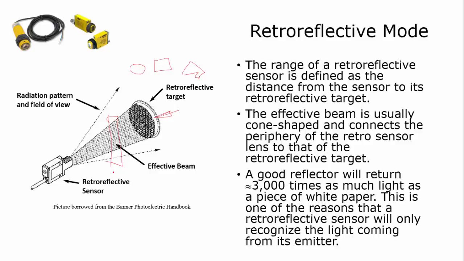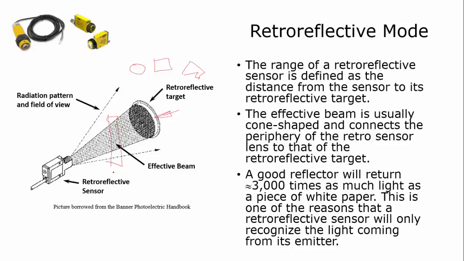Now about the reflector. A good reflector is going to return about 3,000 times as much light as a standard white piece of paper. That's one of the reasons why a retroreflective sensor will only recognize the light coming from its emitter.